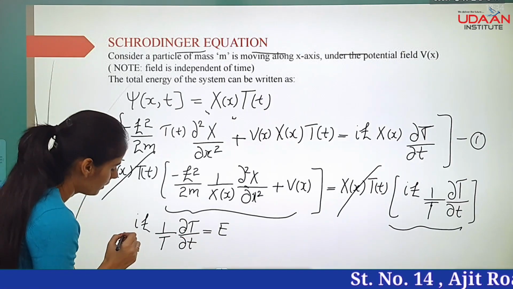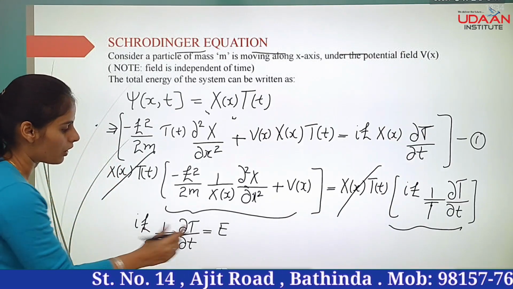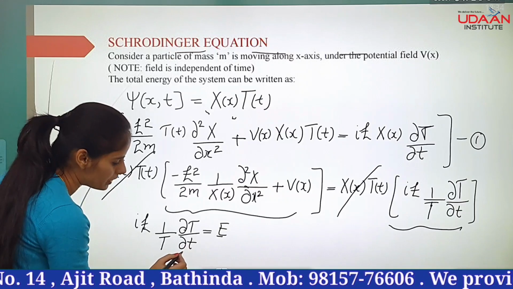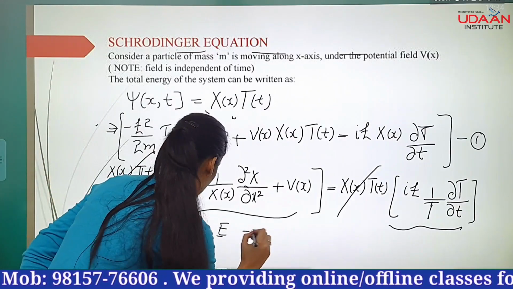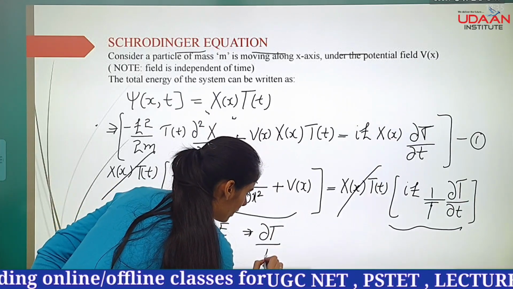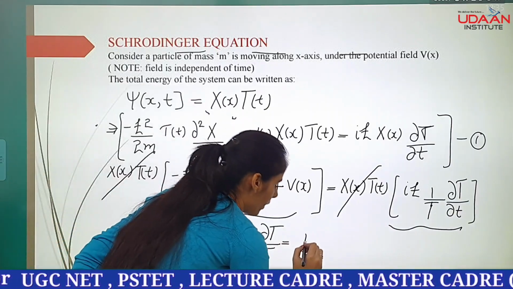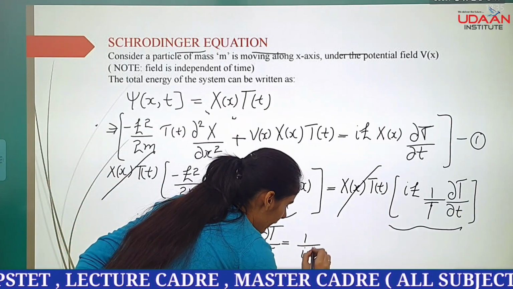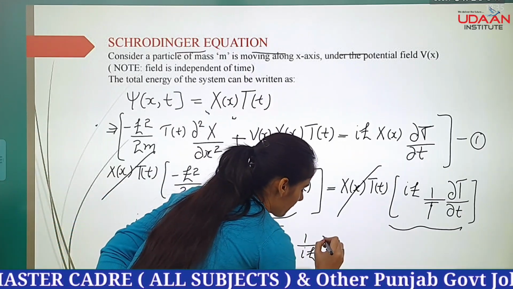So we are going to rearrange this equation in order to find the value of energy in terms of time. So this is going to be del capital T upon T is equal to 1 over iota h bar E into dt.